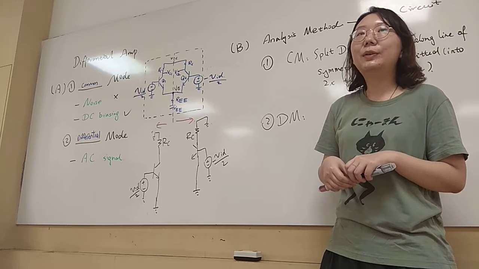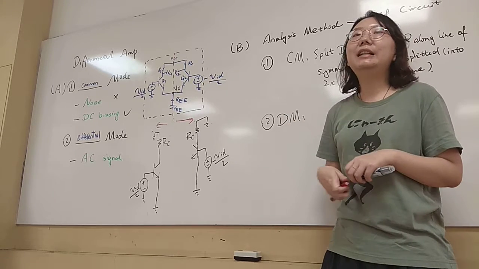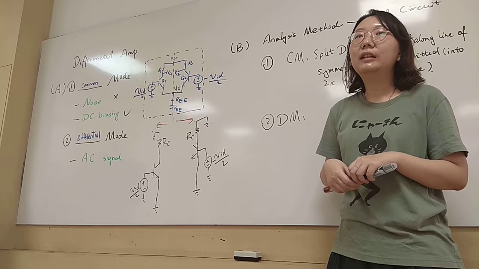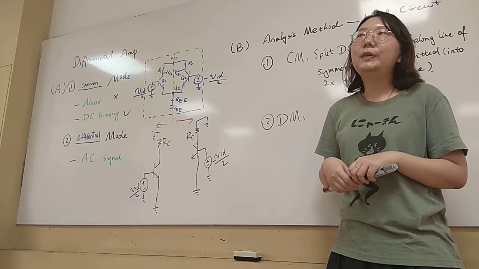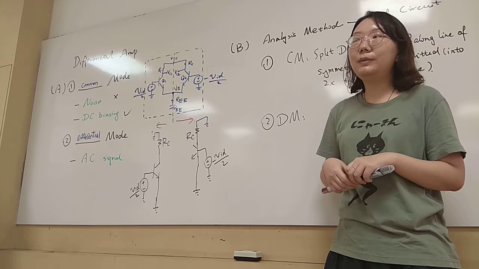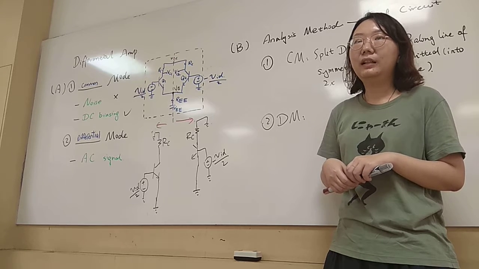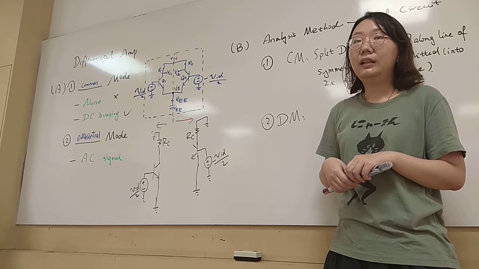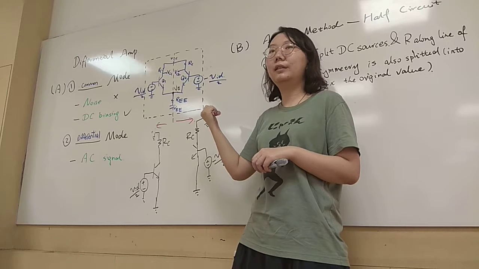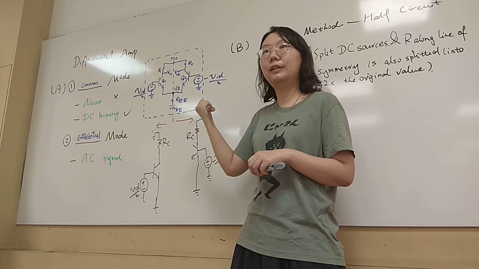For NPN, the IE is going out. For PNP, the IE is going in. Okay? That's only for your DC analysis. You don't confuse the DC with your AC. Your AC current direction does not necessarily follow the symbol arrow direction.